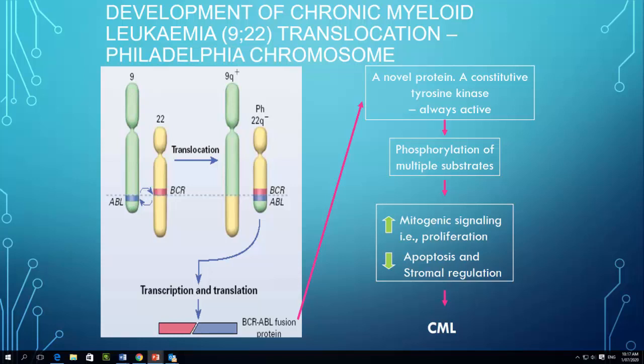It's present in about 95% of classic CML patients, and it results in the proliferation of granulocytes and their precursors. On chromosome 9, the ABL gene is a tyrosine kinase, and the BCR again is that signal regulation. So the fusion protein enables the cells to grow and divide, and blocks apoptosis of abnormal cells. It's always switched on, so the growth is uncontrolled.